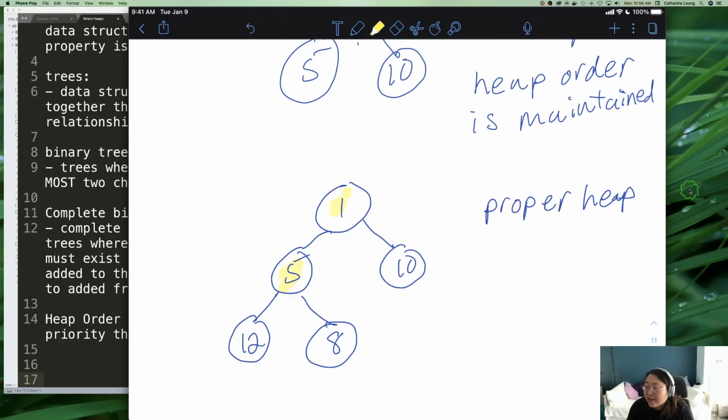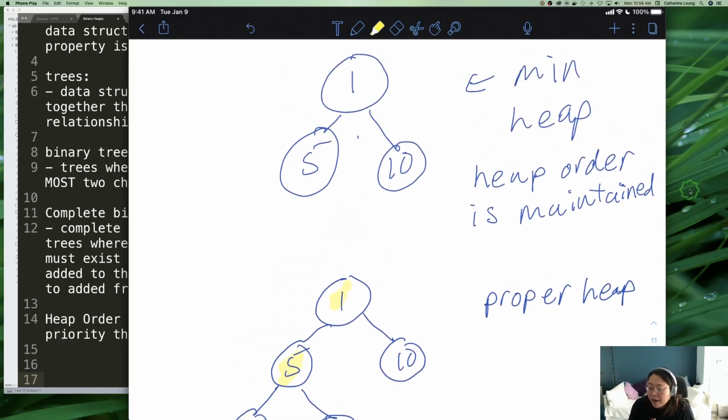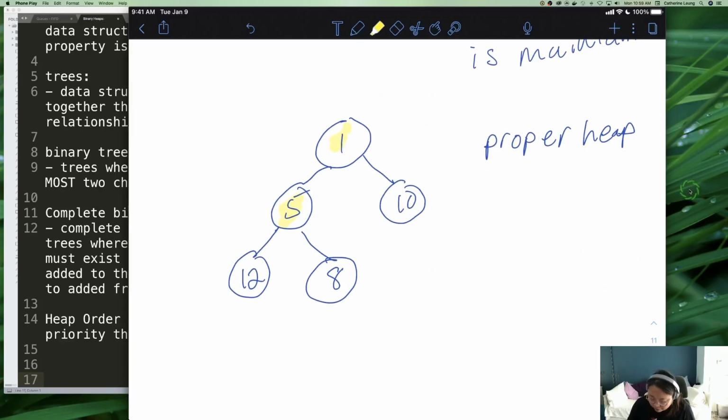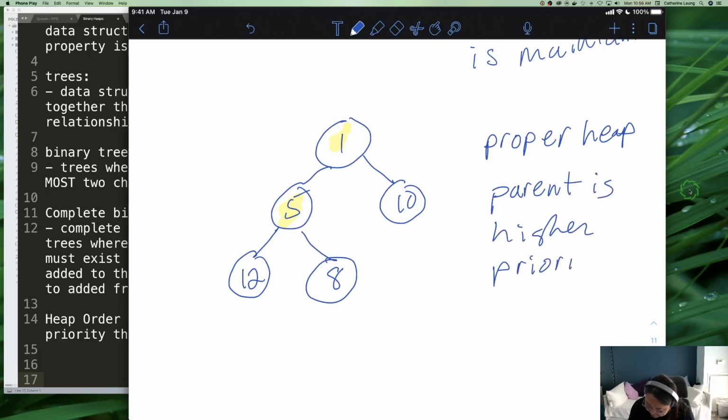It doesn't have to be at the 10 because our heap order simply says parent higher priority than child. Parent is higher priority than children. That's all it says.